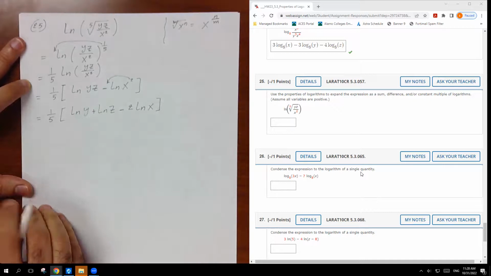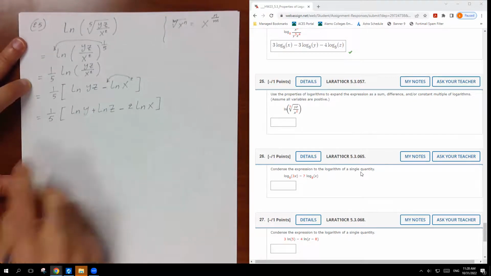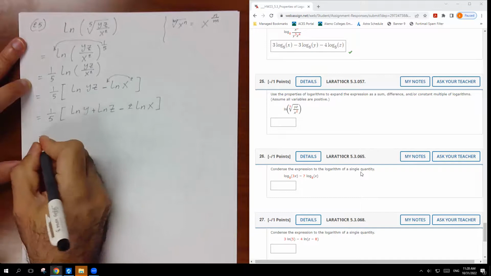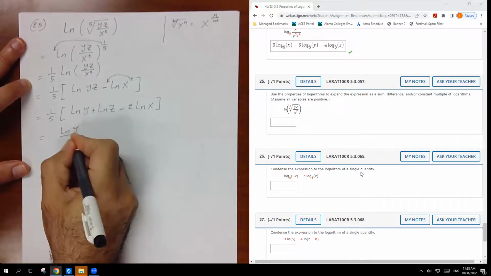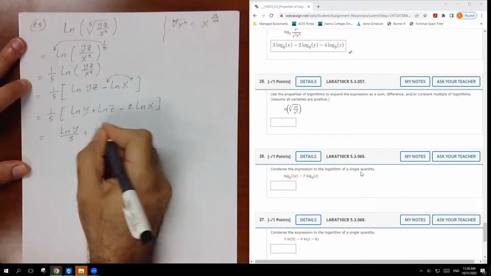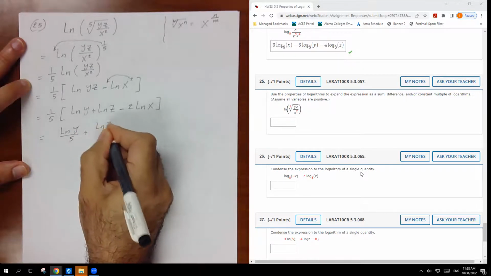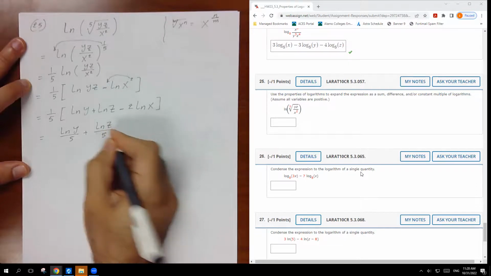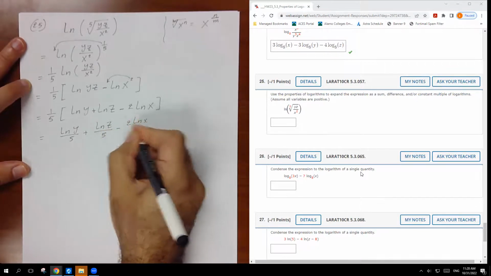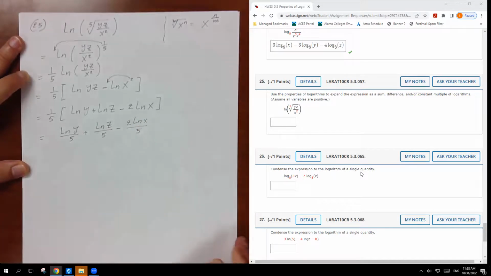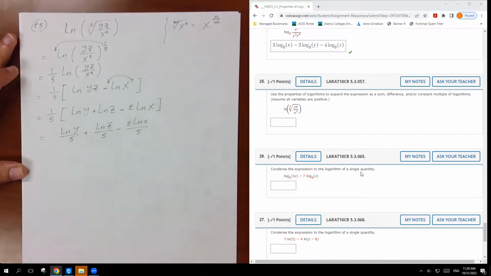Then the last step, I'm going to distribute the 1 over 5 here. So it's going to be ln y over 5 plus ln z over 5 minus 2 ln x over 5. That's it for this example. So let's type it here.